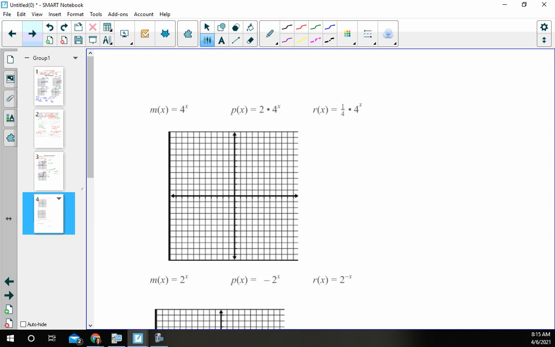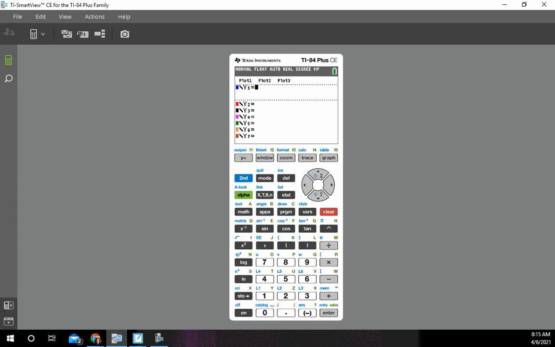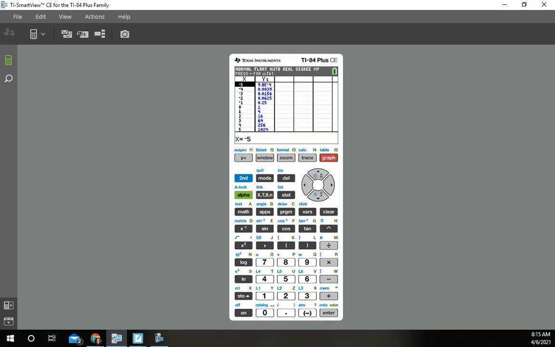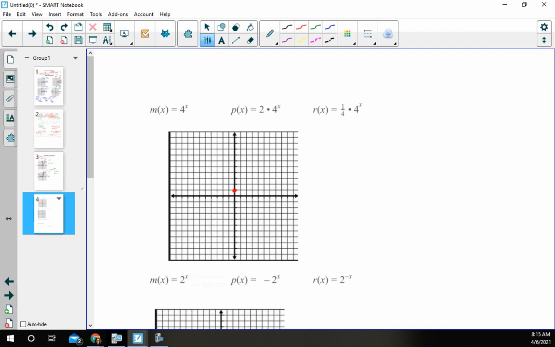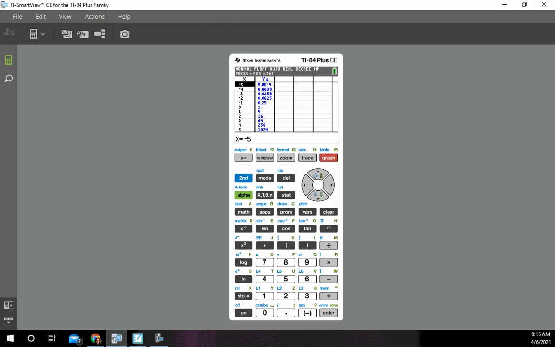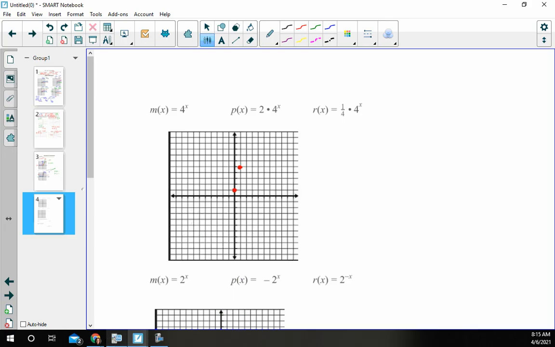So get your 4 to the x graph in there. I'm going to get 2 out there.